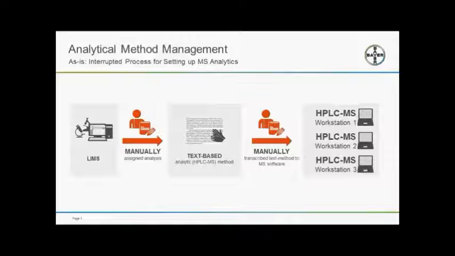And basically, the general process is to start from the LIMS, where method information is stored, usually in a text-based form, describing how to prepare the sample, how to set up the instrument, what the measurement parameters are, applying them then, walking to the workstation, measuring the samples there, and transferring the text-based analytical method, implementing that in the Analyst software of the individual workstations, transcribing it, and doing that on every individual instrument you're measuring on.